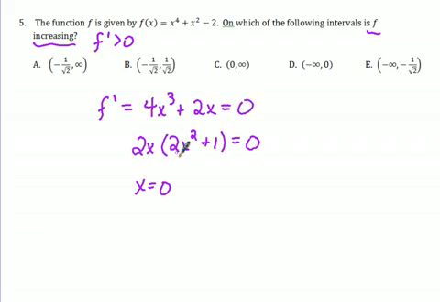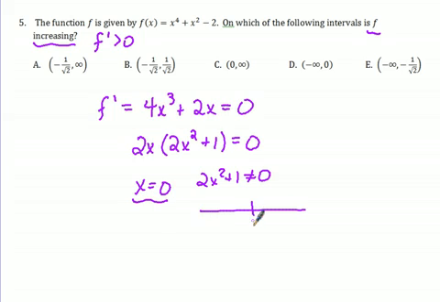Another way to think about this is to think about what the graph of this looks like. This is a parabola that opens up, and it's being shifted up 1. And so that tells me again that this part of our equation is never going to be 0. So my only critical number is x equals 0, because 2x squared plus 1 cannot equal 0. So this is the only critical number.